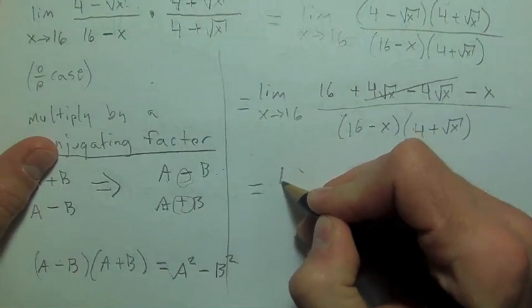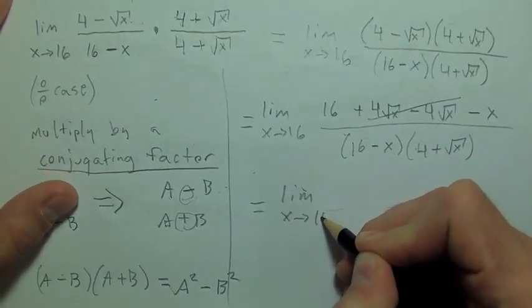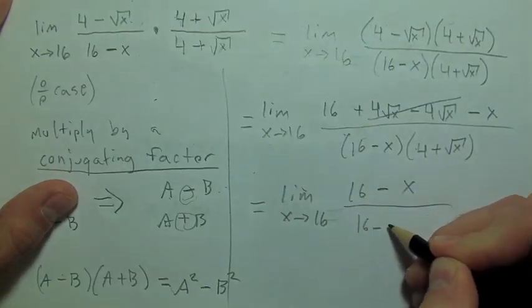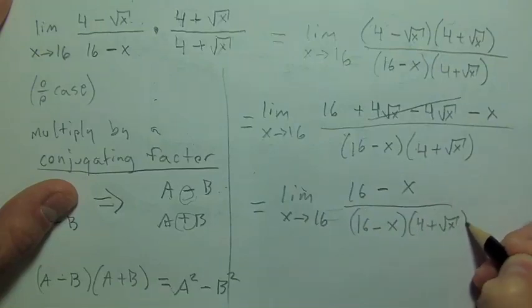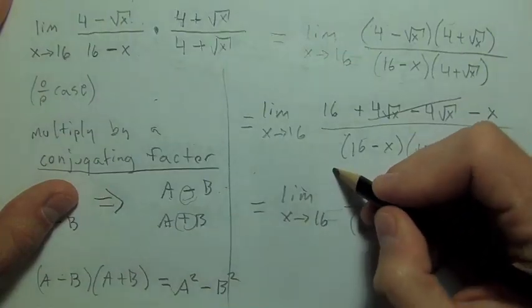We get down to, this is the limit as x goes to 16 of 16 minus x over 16 minus x times 4 plus the square root of x. Okay, here we go. That's 4 squared.